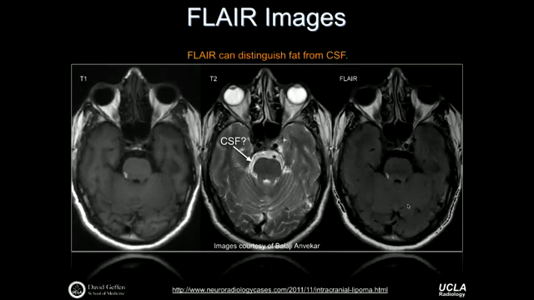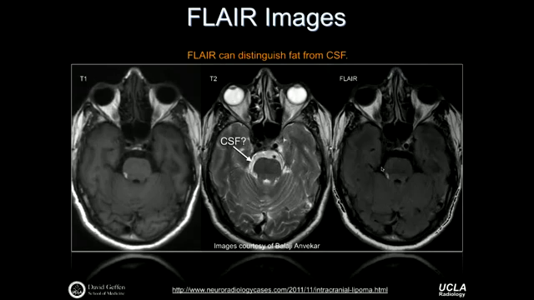So you have a pretty good level of confidence that whatever this tissue was, you can't say that it's CSF, but you can say that it has a long T1. And that gives you some indication that it's probably something like CSF. It's probably not fat. And that can ultimately lead to what's the next step for this patient. What therapy would that patient need to resolve that particular problem?